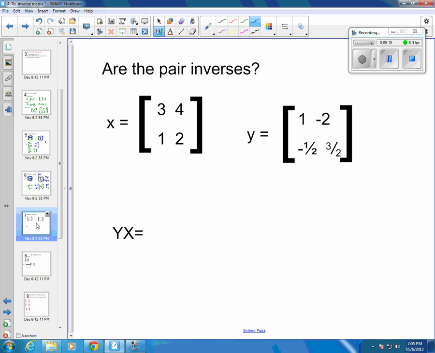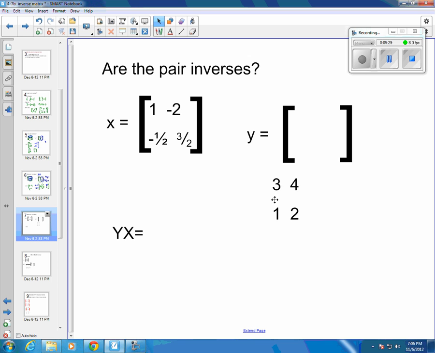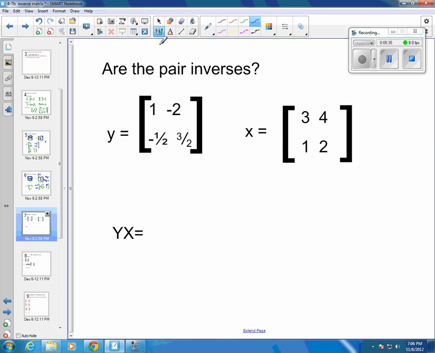I'm going to grab the same exact matrices, but now I'm going to multiply y times x, so I'm going to put them in the other order. Maybe it would be easier if I wrote them this way. Same thing, I'm going to take this 3 times 1 and this 1, 2. So 3 times 1 is 3.